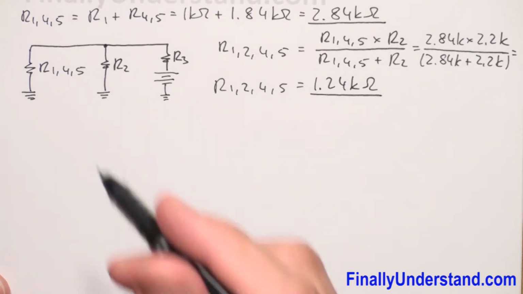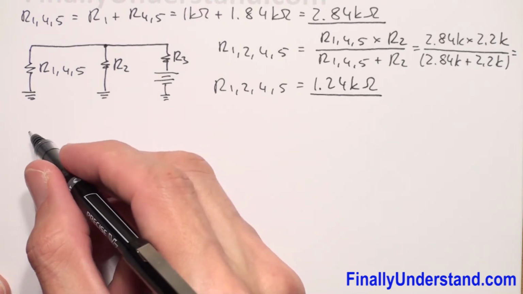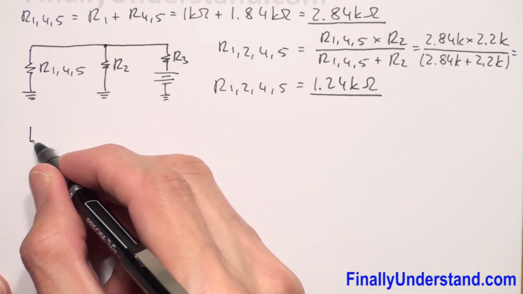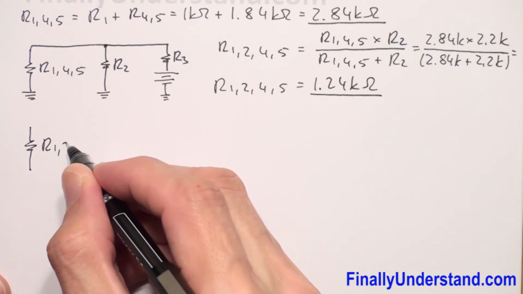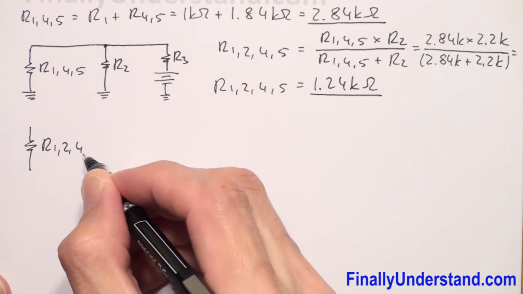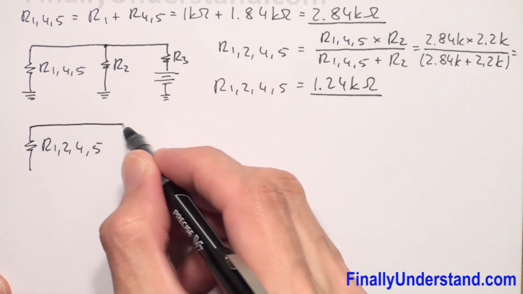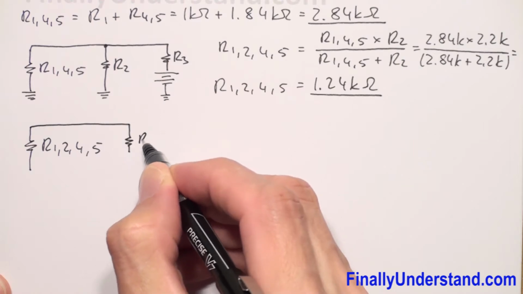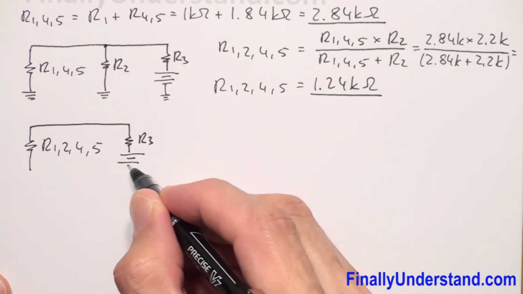So we can redraw the circuit again, and this time I'm going to have resistor R1245, and this is going to be my resistor R3, and this is my voltage source.